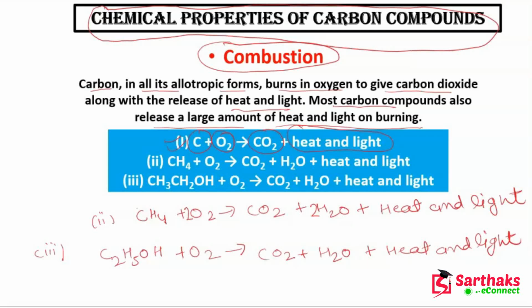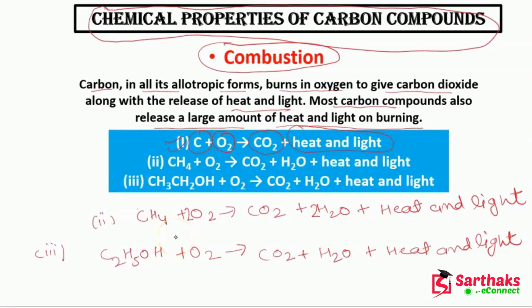As you can see, this equation is also not balanced, so we will start balancing it. The number of carbons is not balanced here. First of all, we will also check the other elements. Hydrogen is also not balanced: only 2 hydrogens are present here and 6 hydrogens there, and oxygen is also not balanced.